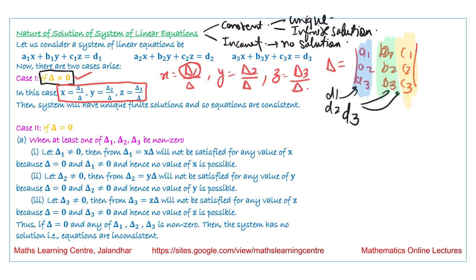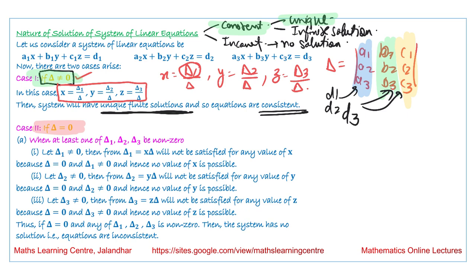We have seen this on our previous slide. So in this case the system is consistent and it will have a unique solution when delta is not equal to 0.